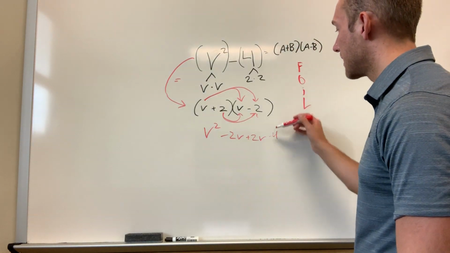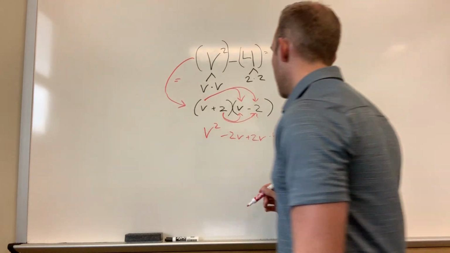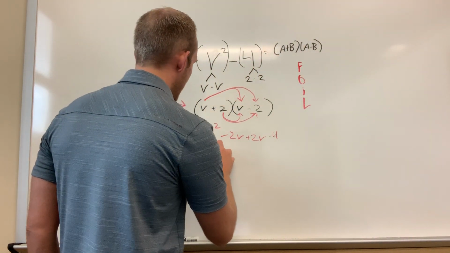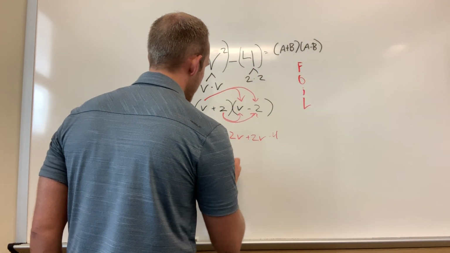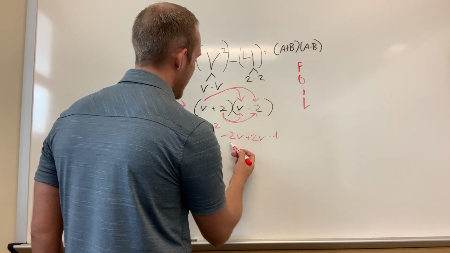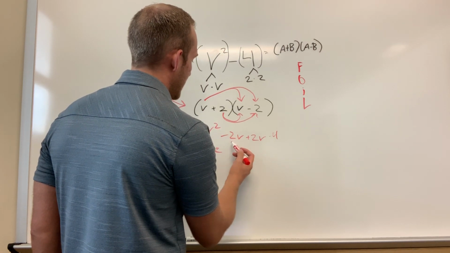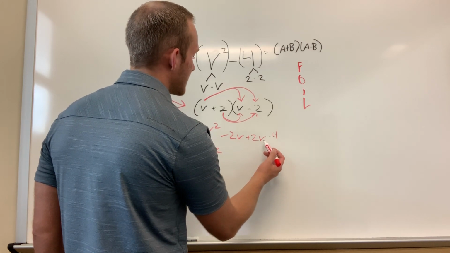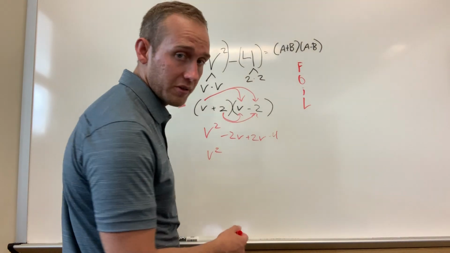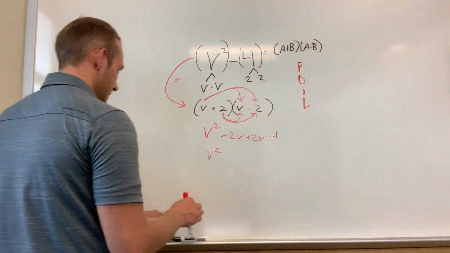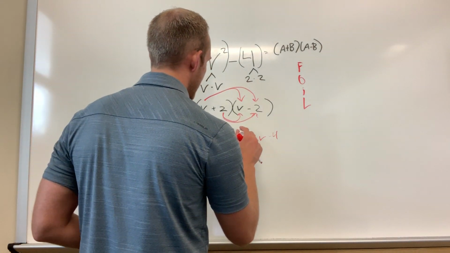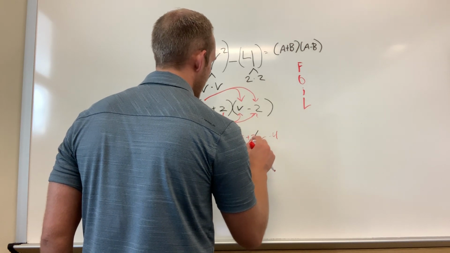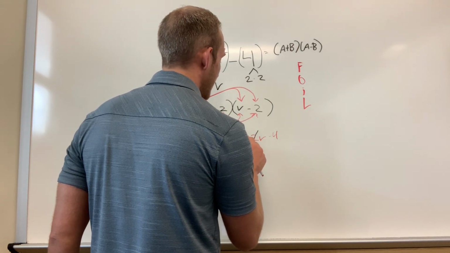Okay, and then we simplify this. So V squared, and then -2V plus 2V, so those cancel out. So these would cancel out, so that'd be 0.